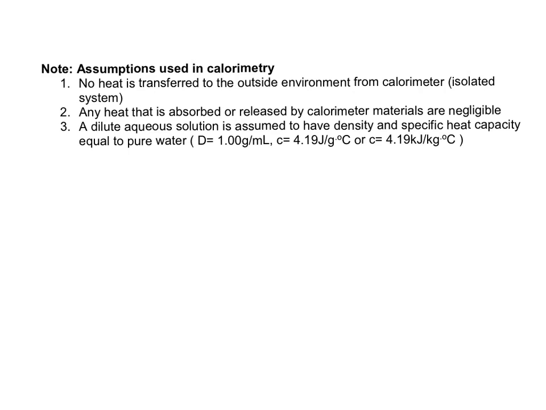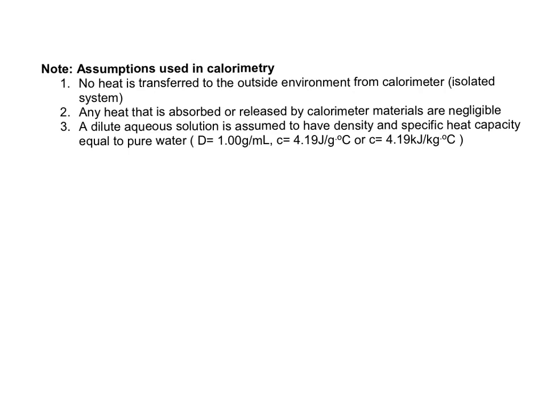There are assumptions that we use in calorimetry. No heat is transferred to the outside environment from the calorimeter. We assume that it's an isolated system. Any heat that's absorbed or released by the calorimeter materials is negligible. Obviously, a bomb calorimeter is a little more efficient at this than a styrofoam cup, a simple calorimeter.